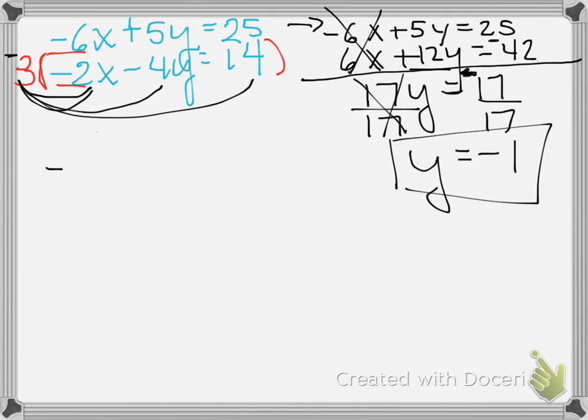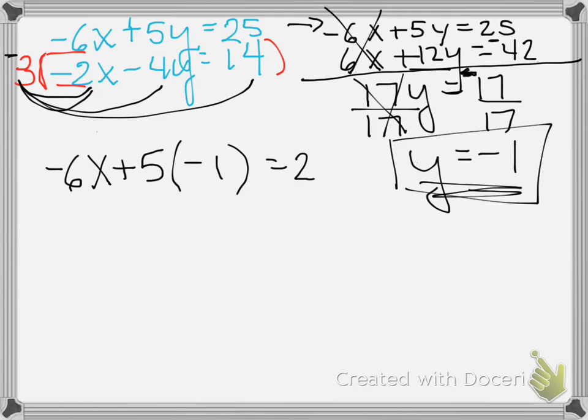equations. So I'm going to take the top one, negative 6x plus 5, and I'm going to insert for y a negative 1, and it equals 25. So negative 6x, 5 minus 1 is a negative 5, equals 25.